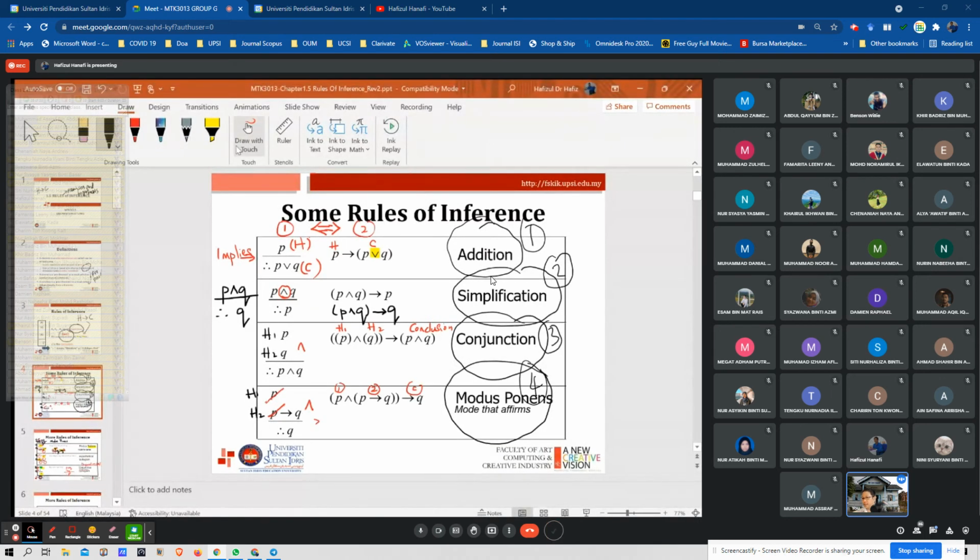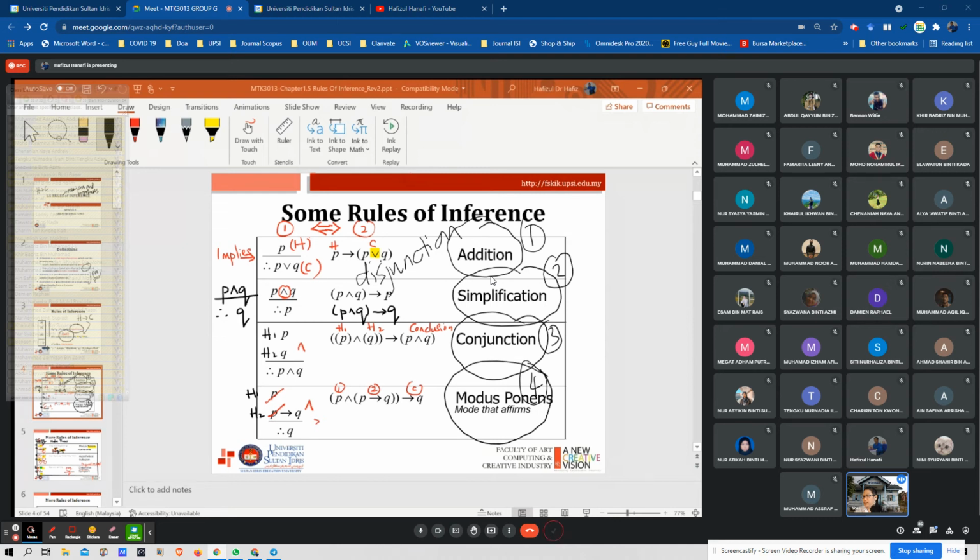Okay, this one is disjunction. Disjunction or addition, also called introduction, is a rule of inference in propositional logic and almost every other deduction system. The rule makes it possible to introduce a disjunction into a logical proof.